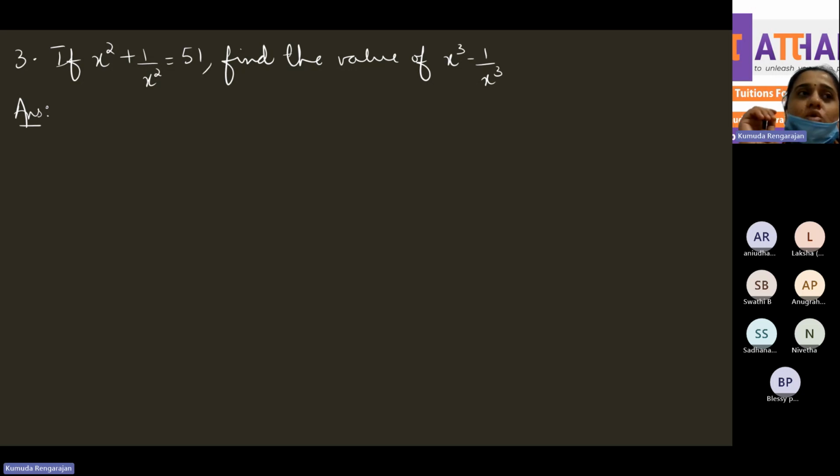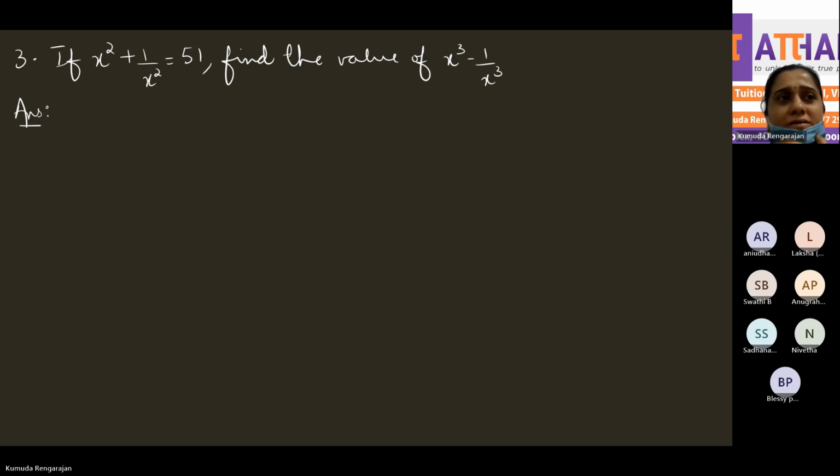So to find x cubed minus 1 by x cubed, what value do you need? Not x plus 1 by x. To find the value of x cubed minus 1 by x cubed, we need the value of a particular expression.